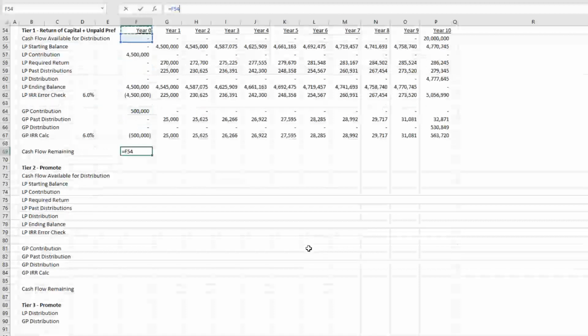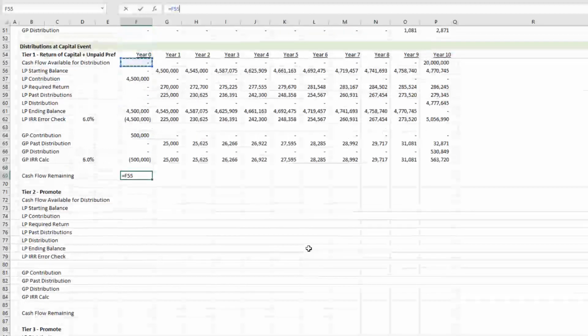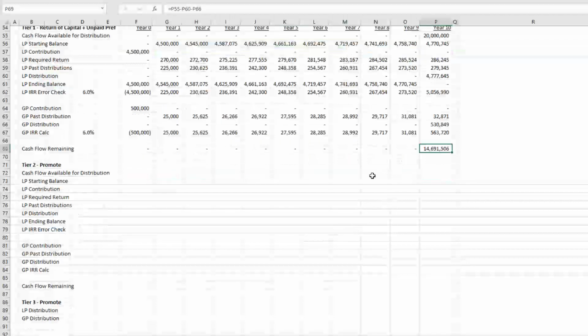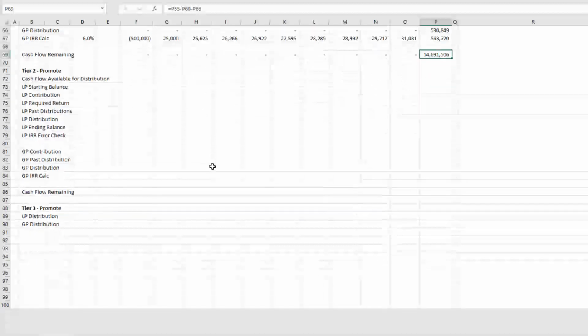We simply go, all right, how much cash flow is available for distribution at the capital event, and we subtract out the LP distribution in this tier and the GP distribution in this tier. Fill that out to the right. And what we find is there is almost $15 million remaining to flow into our subsequent tiers.